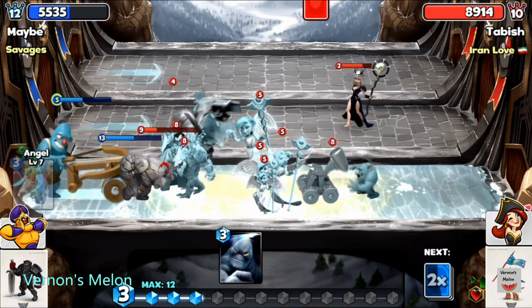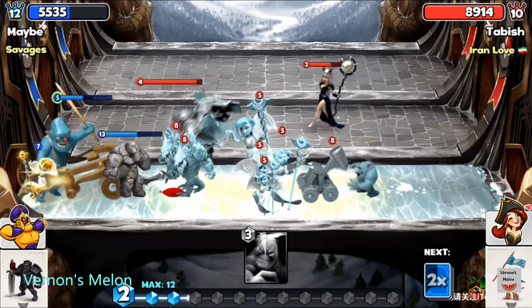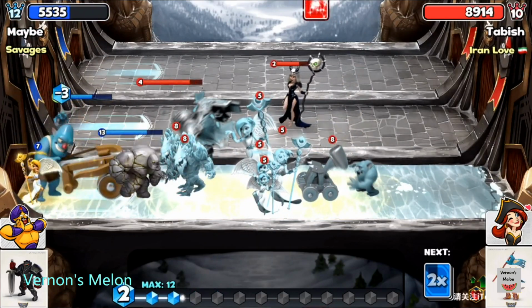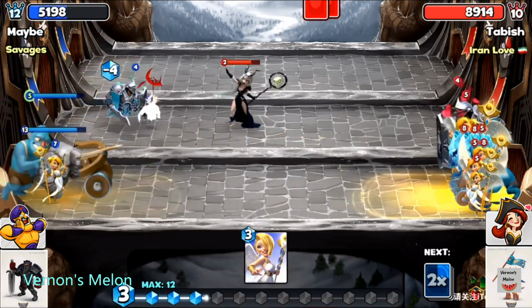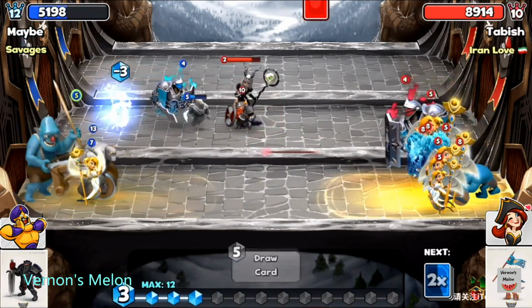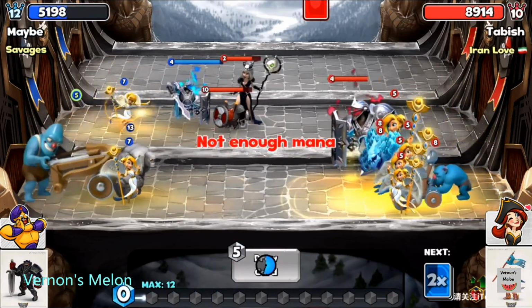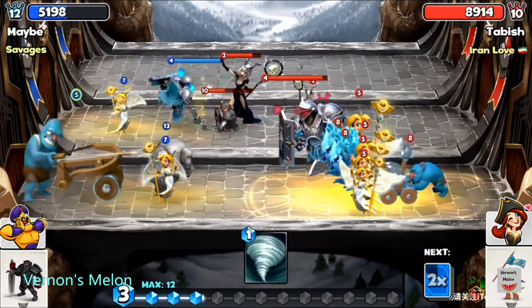Let's see how much damage that ballista is doing. Well, it's definitely not enough to penetrate those triple angel combo, but it's still something.